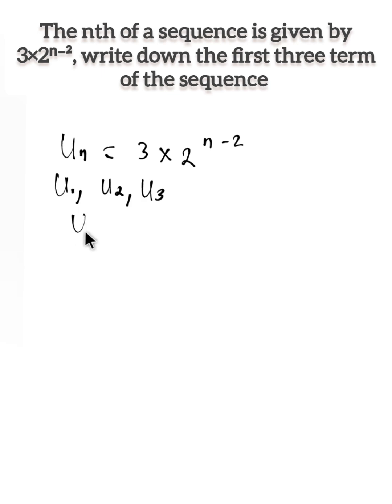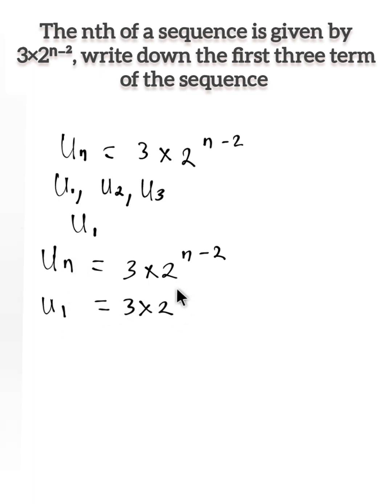Now let's solve for U1. Un is equal to 3 times 2 raised to the power n minus 2. Hence in U1, we'll substitute 1 for n. So it becomes 3 times 2 raised to the power 1 minus 2. So U1 becomes 3 times 2 raised to the power minus 1.